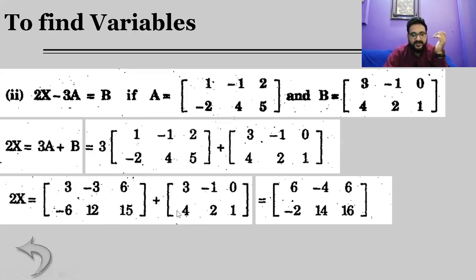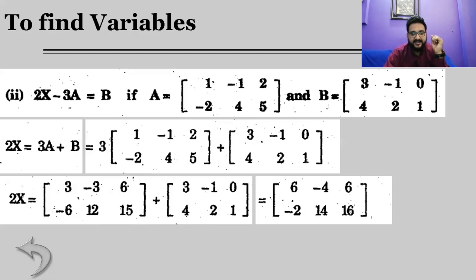Now, what should be the next step to find the value of the variable? 2 is multiplied by x. So how do we remove this 2 at this condition?